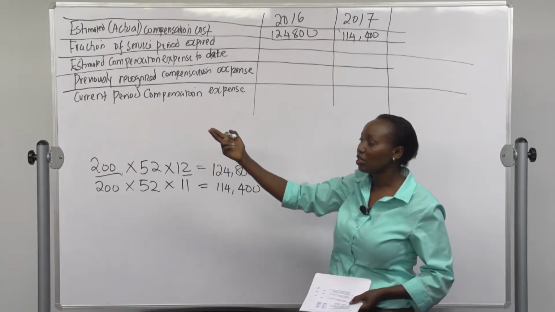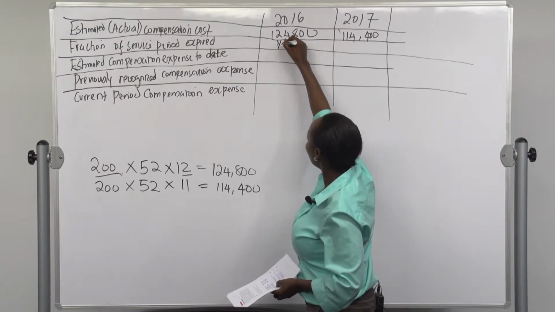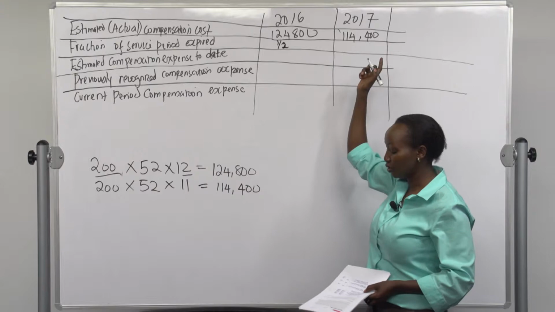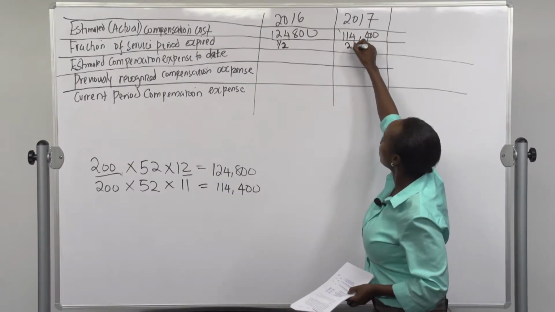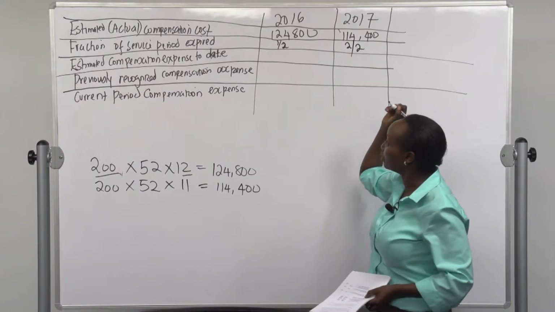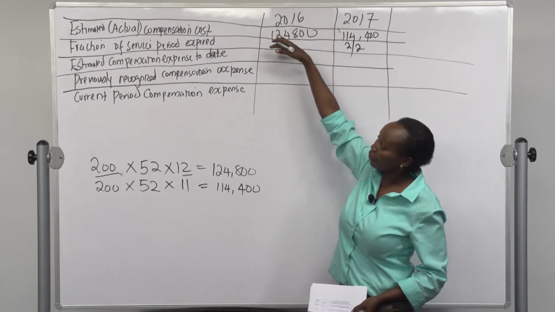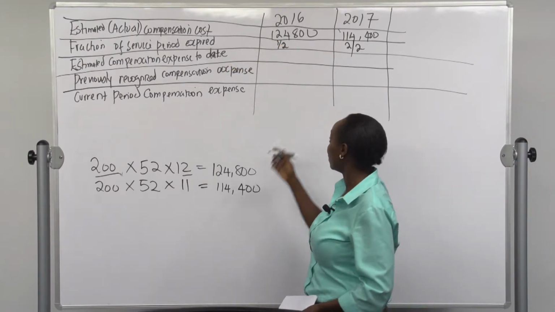Then we take the fraction of the service period that has expired. This is a 2-year plan, so at the end of 2016 the fraction is 1 out of 2 years, and at the end of 2017 we've completed 2 out of 2. We multiply the estimated compensation by the fraction of service expired to get the compensation to date.